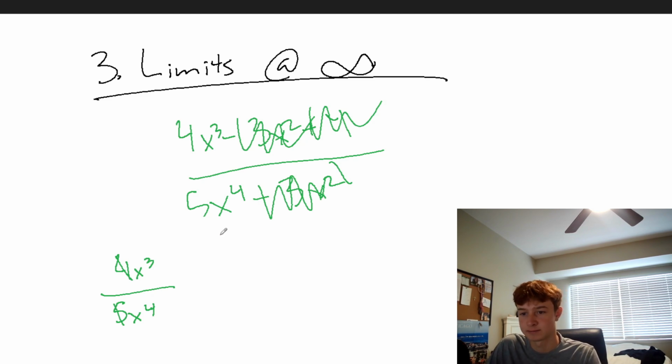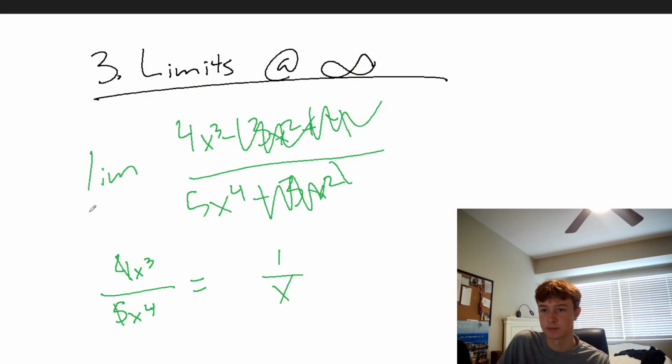So now we have x cubed over x to the power of 4. With some algebra, we can cancel out those x's and we have 1 over x. So now with 1 over x, we plug in infinity because this was a limit approaching infinity.